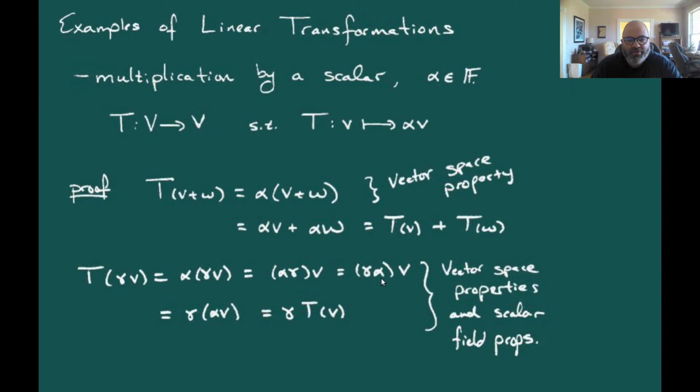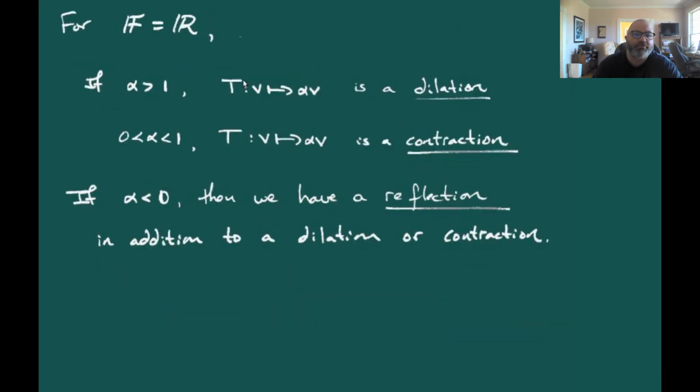So we've just got gamma times alpha, and again we use our vector space property to pull that gamma out, and so that's gamma times T of v. And so when our base field is the real numbers or the complex numbers, then just multiplying by a scalar does give us a linear transformation.